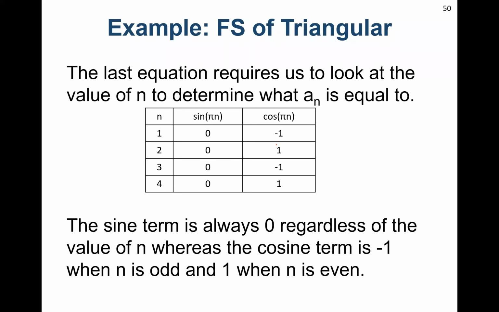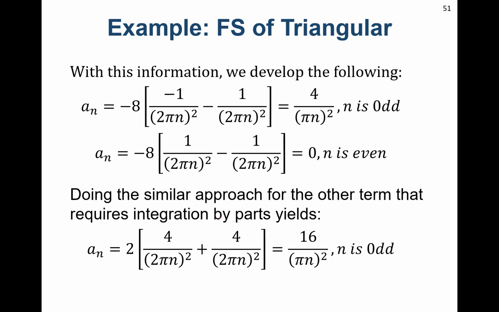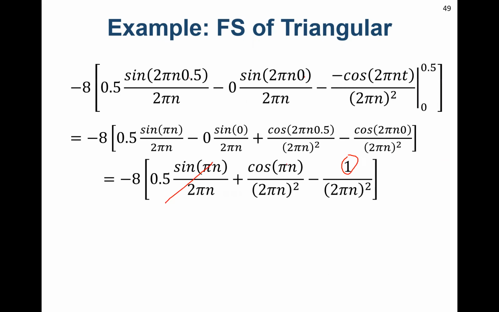So looking closely, whenever there's a positive 1 here and here, those terms are going to evaluate to 0. So this is a pretty unique one. This is a case when I only will have one term left. This term will add to this term. So basically I will get double if n is an odd number. Okay. So the criteria here is that I will get two of these because I have a minus 1 and a minus 1 here.